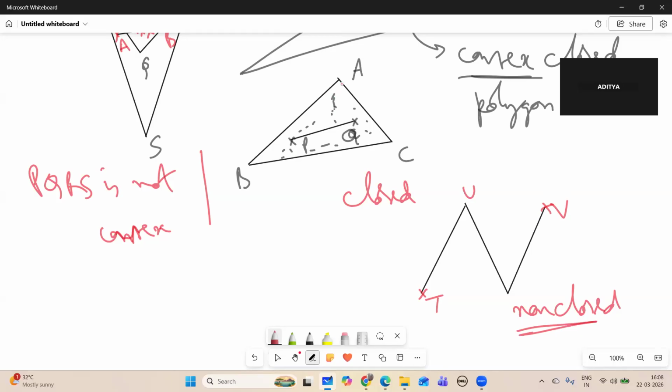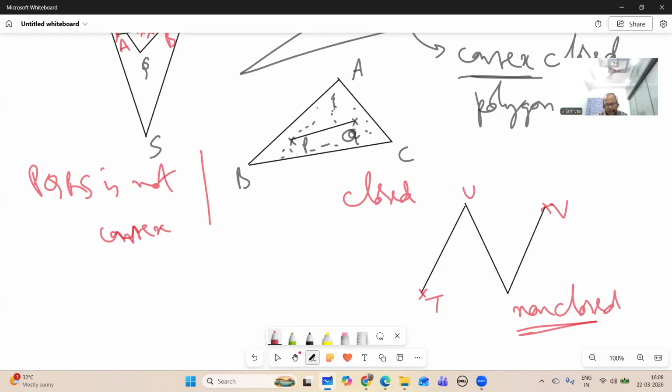Whereas if you take triangle ABC, as in this figure, this is closed. You start with A, travel along side AB, reach B, and again travel along side BC, reach C. From C, you travel along AC to reach A. So A is the initial point, and the terminal point is also A. After traveling along the boundary, the perimeter of this triangle, you come back to the initial point.